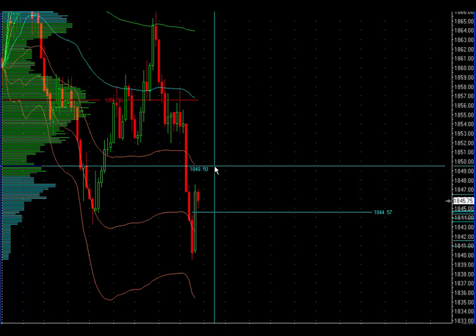But we're waiting here for this counter trend trade to complete, hopefully in the direction that we took the long, up to the first standard deviation.